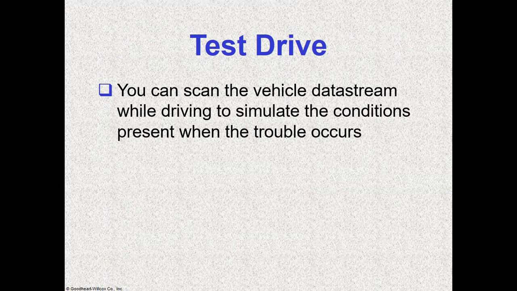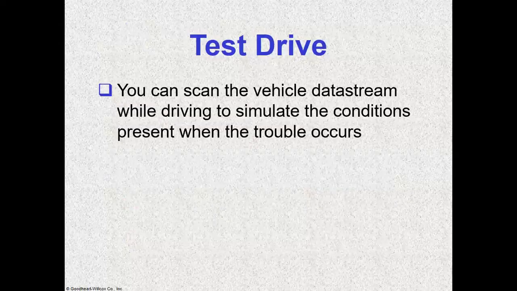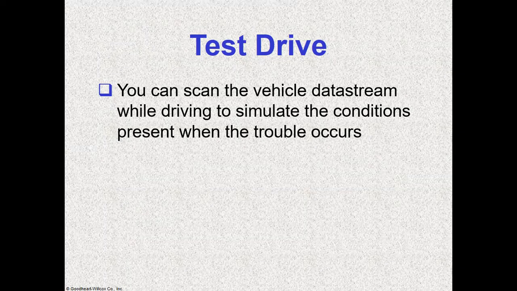One easy way to simulate a condition is when you get a diagnostic trouble code. Probably 90% of these codes are going to come with something we call freeze frame data. You will see a frosted or snowflake type of icon beside the code. Once I press on it, it will tell you the condition under which the code actually occurred.